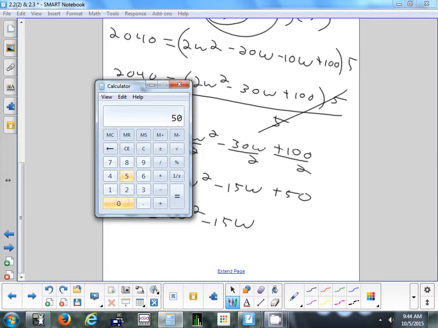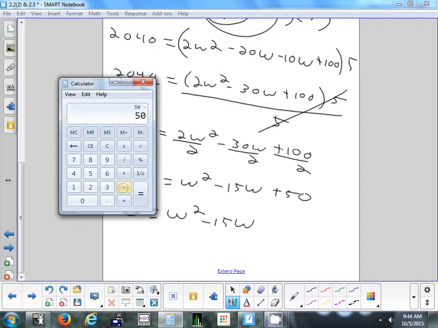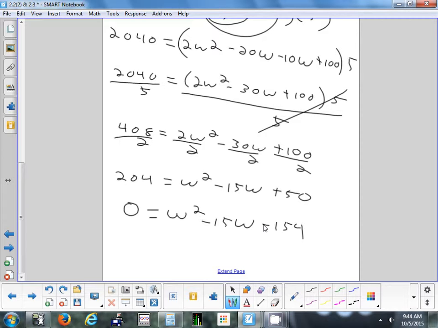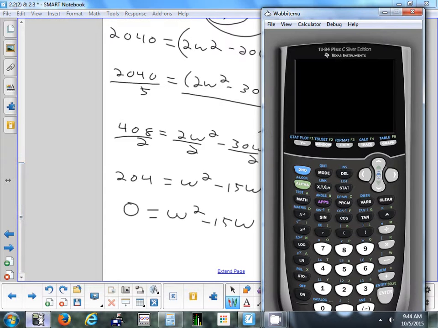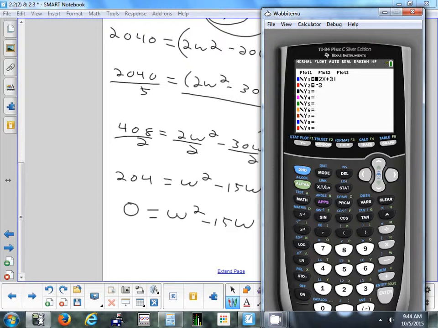Okay, we get 50 minus 204. Now remember, this is a parabola, so it could cross twice. Probably it's going to cross in the negative part and the positive part. But negative values for length wouldn't make sense. Okay, so hopefully we get at least one positive value.